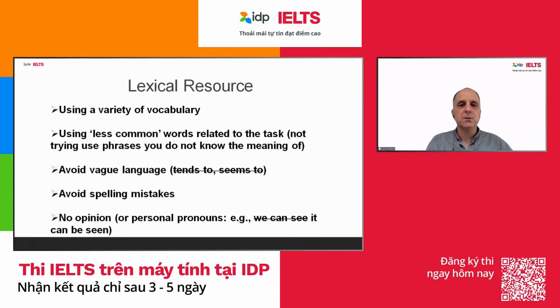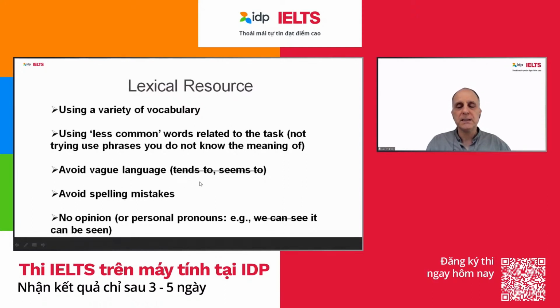Okay, for the lexical resource, use a variety of vocabulary, less common words related to the task. So don't try to use phrases you don't know the meaning of. Avoid vague language, like "seems to".